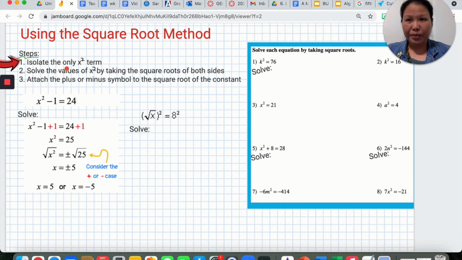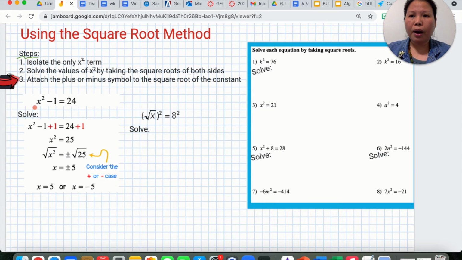Remember to be flexible. Step 2. Solve for the value of x squared by taking the square root of both sides. Only when we have x squared, we take the square root of both sides. If we have the exact same number of exponent, it's going to be that root on both sides. Step 3. Attach the plus or minus symbol to the square root of the constant.